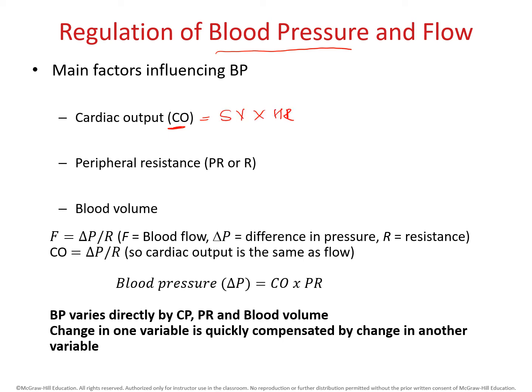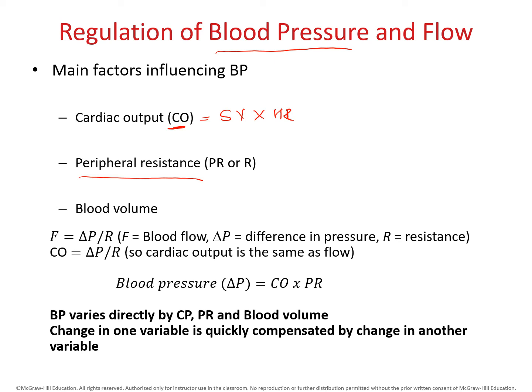We've learned that before. So the stroke volume and heart rate affect cardiac output. And then we have peripheral resistance. Now, peripheral resistance is the resistance in the arteries when blood is flowing through the arteries, okay?